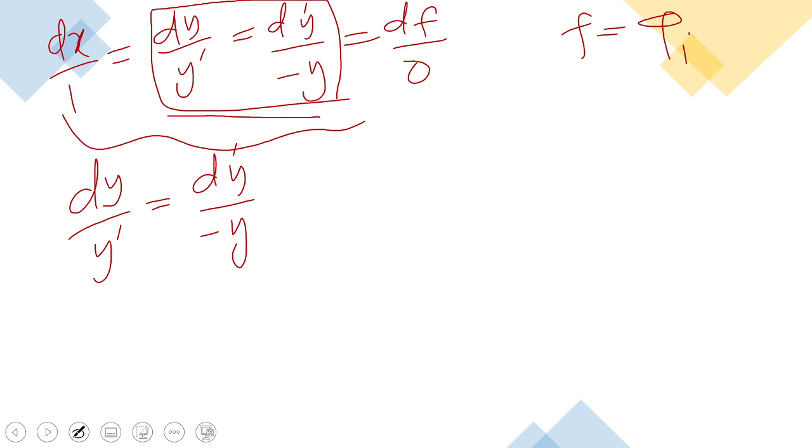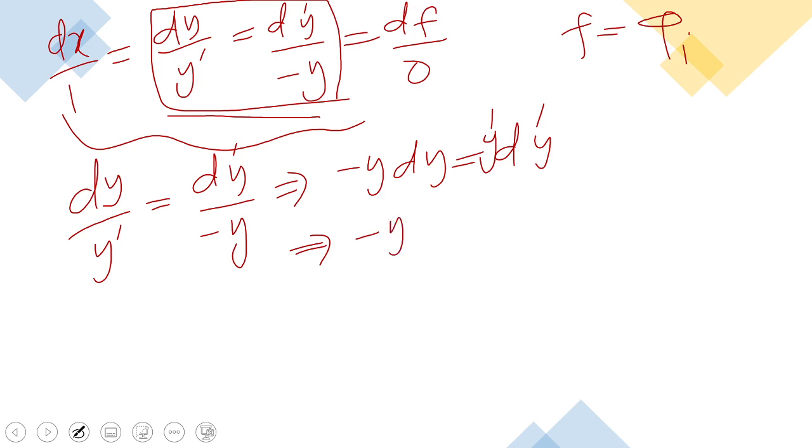It implies that minus y dy equal to y dash dy dash. What does this give me? This gives me minus y square over 2 is equal to y dash square over 2 plus a constant of integration, let me put it to c1, so I will multiply it with 2.